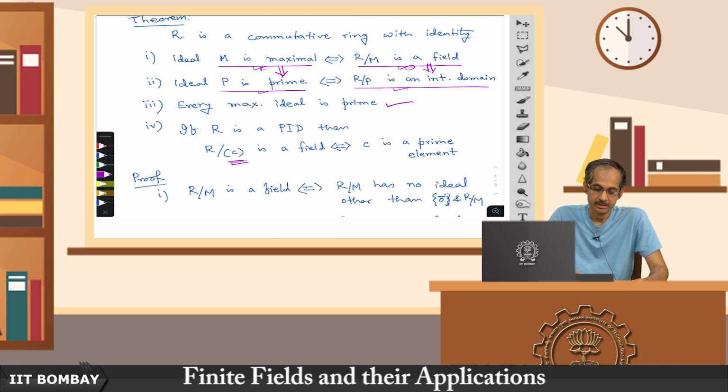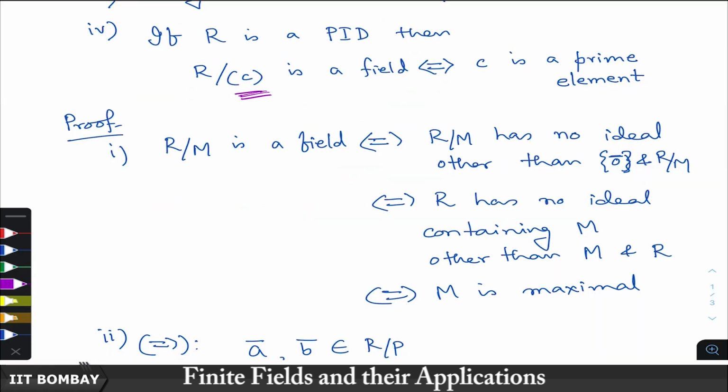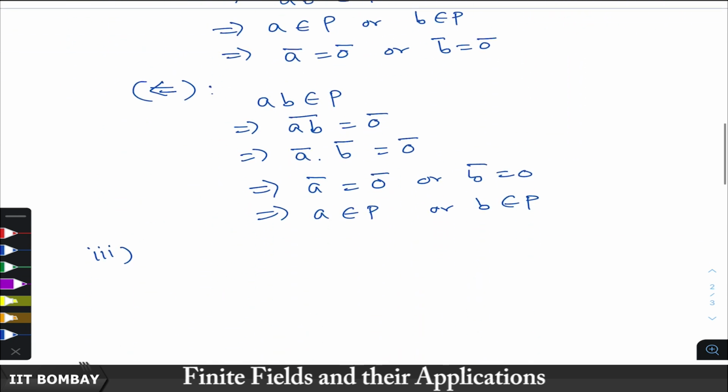Now, the fourth part: R by C is a field if and only if C is a prime element. So, what we will do is we will take all possible cases of C and we will see under what kind of properties R by C is a field, and we will see that R by C will be a field if and only if C is a prime element.